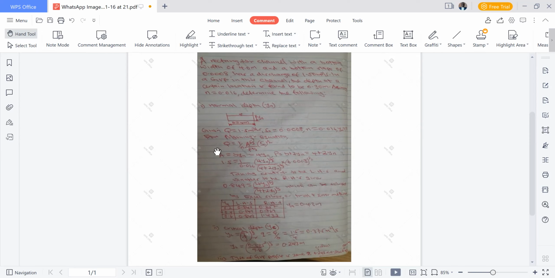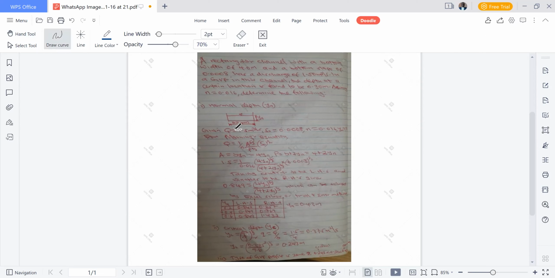So now the area for a rectangular channel is equivalent to B times Yn, which is, now B is 4 and Yn is unknown, so it will remain 4Yn. Wetted perimeter, as we said earlier on, is simply the parts of a channel in contact with water.